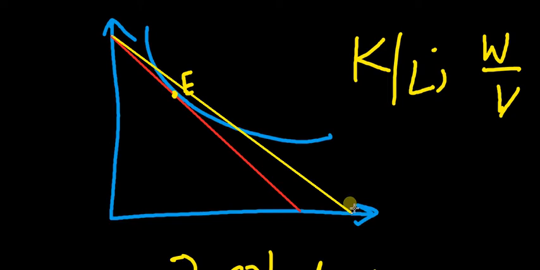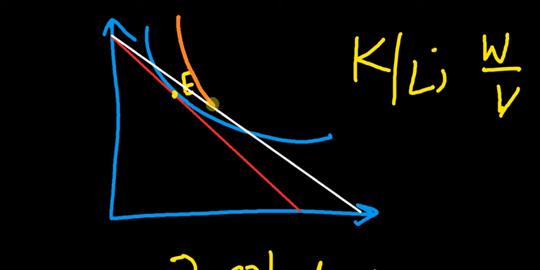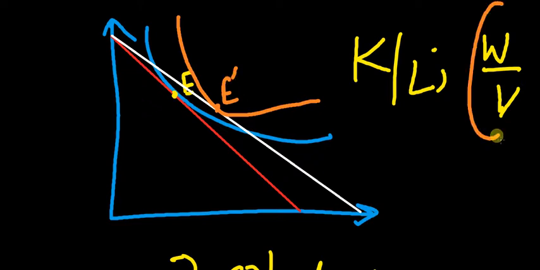So when wage falls, the new isocost curve looks like this, and for this new isocost curve, my new equilibrium stands somewhere here. So this is my new isoquant and this is my new equilibrium. So I go from a point like E to a point like E dash.